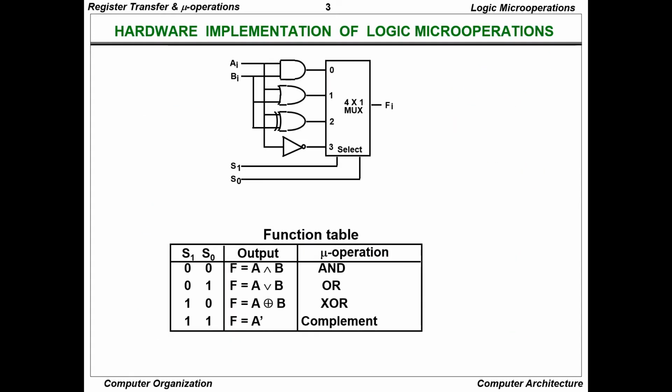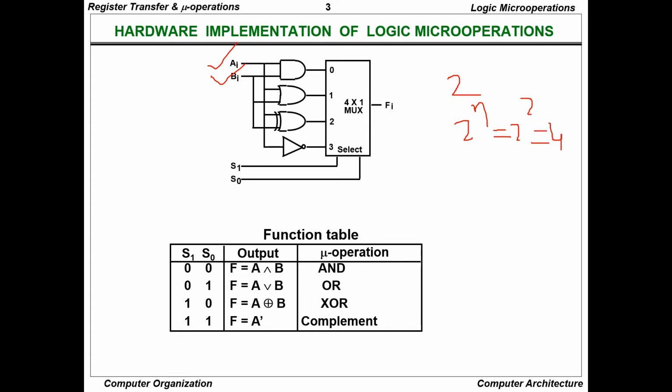If you see the hardware implementation of these logic micro operations, we'll take a 4 into 1 multiplexer. As we know, we'll take 2 selection inputs, 2 power n, that is 2 power 2, we'll get 4 operations. I'm taking inputs AI, BI.